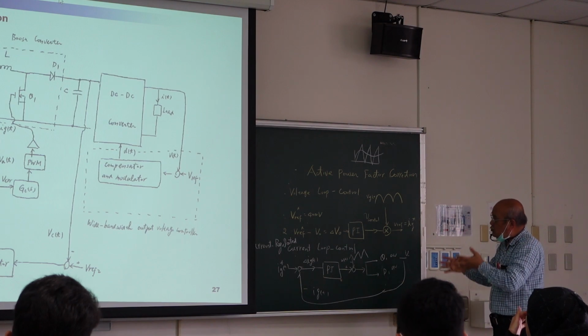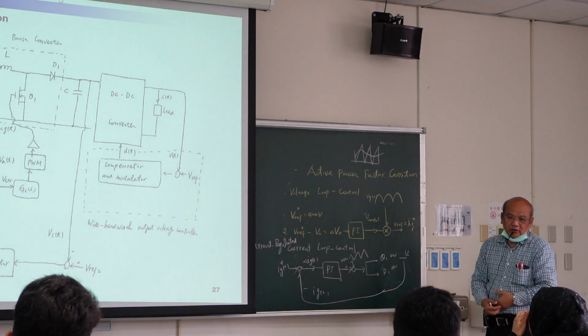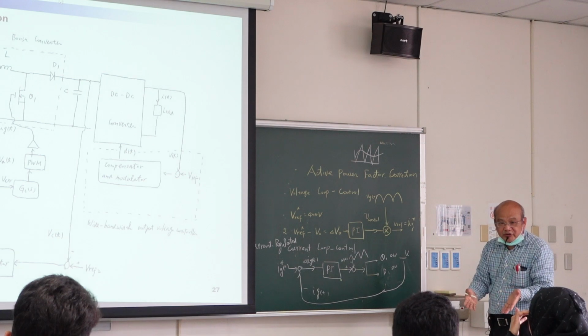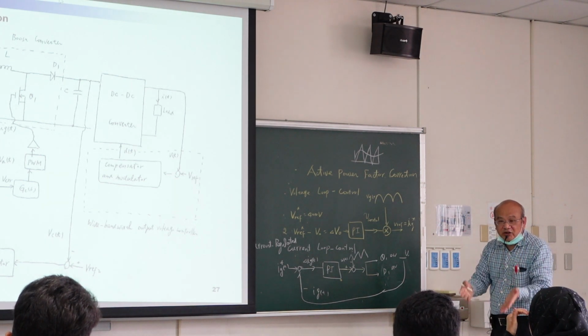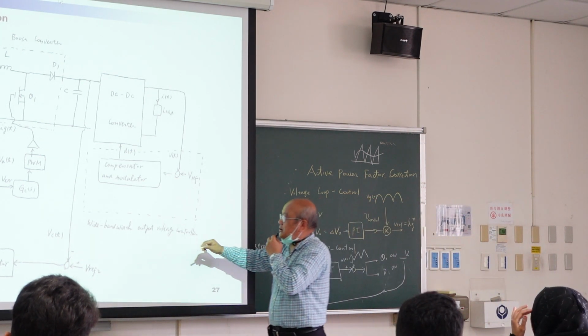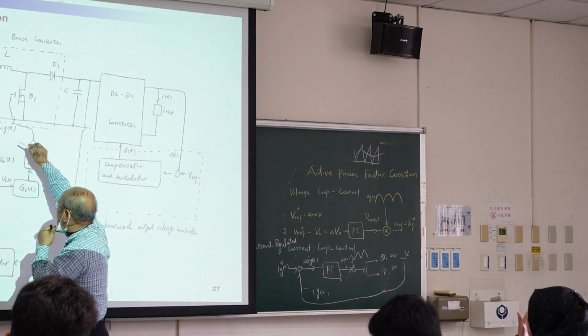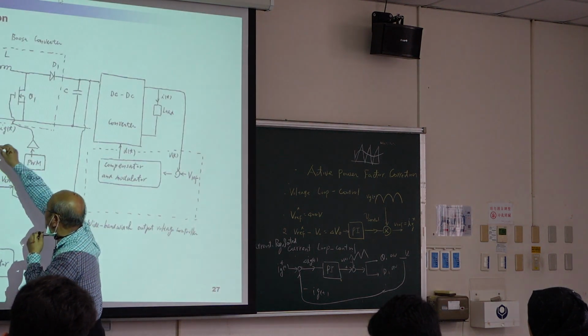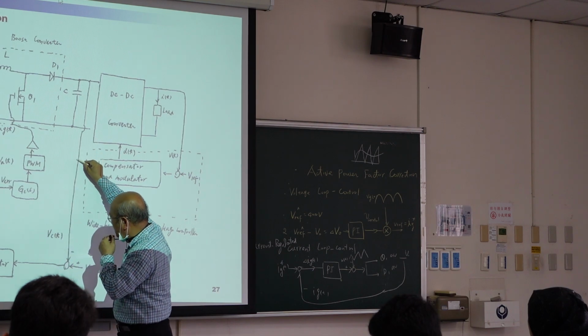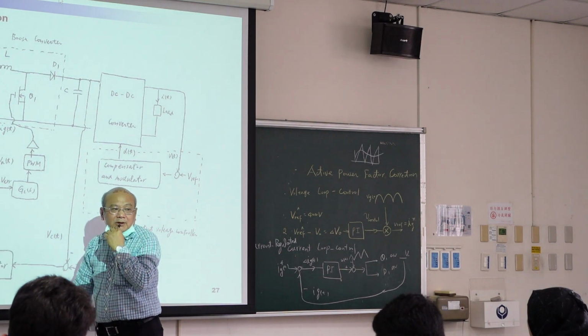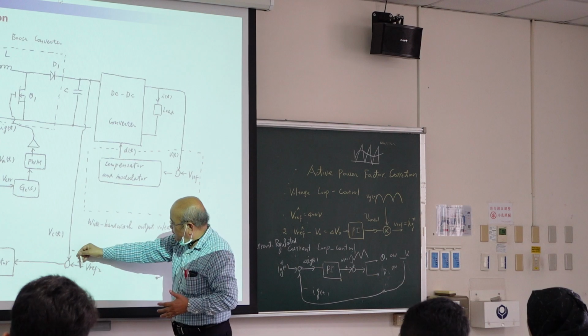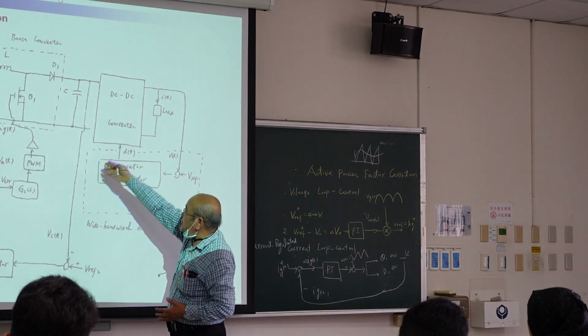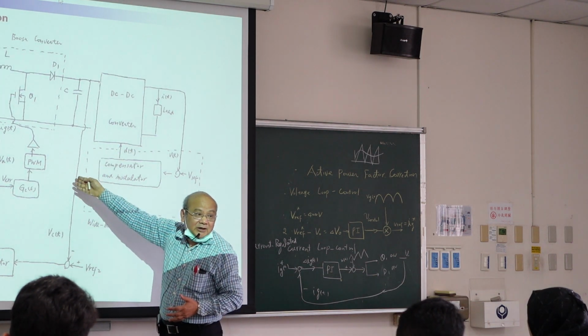So how many loops do we have? Totally how many loops? Voltage loop and what? Current loop. So you can see this is current loop here. How about this one? Voltage loop, right? This is only for this stage. What is this stage? PFC, right?